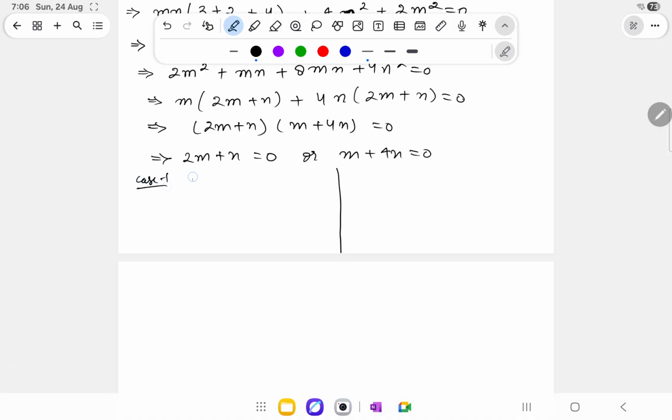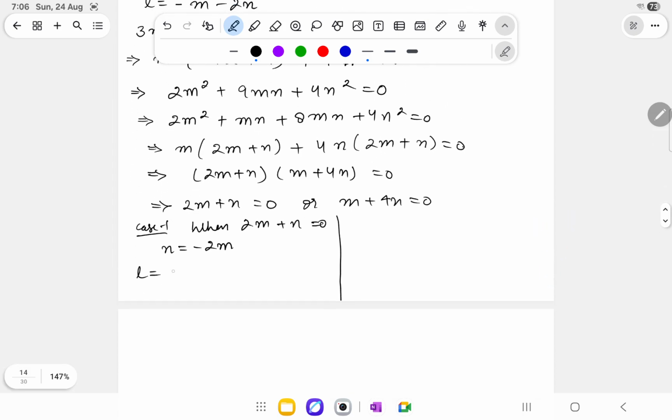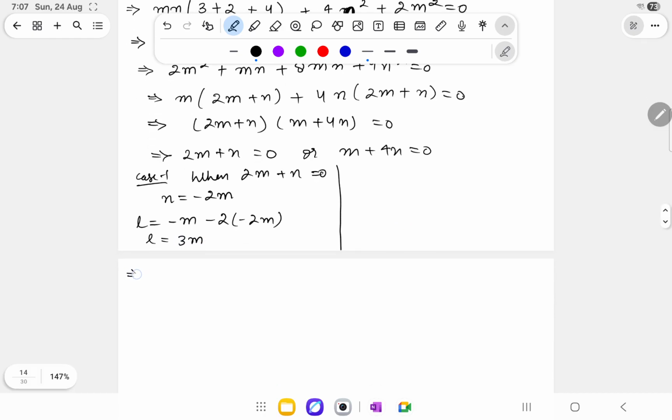So case 1 is when 2m plus n equals to 0. So I got my n as minus 2m. So my l is minus m minus 2n, which is minus m plus 4m, so l is 3m. So I got my direction ratios as l by 3 equals to m by 1 equals to n by minus 2.